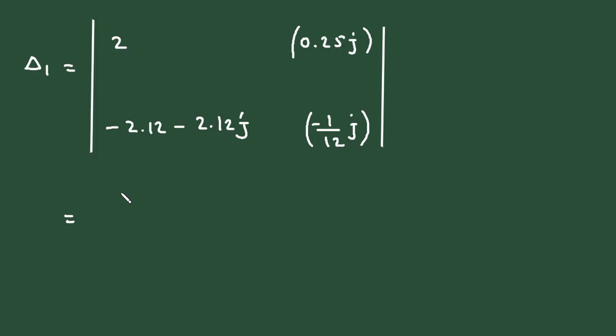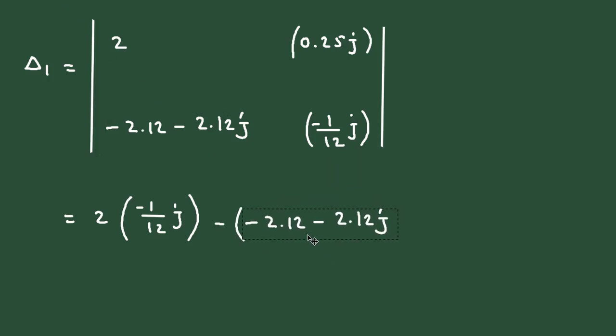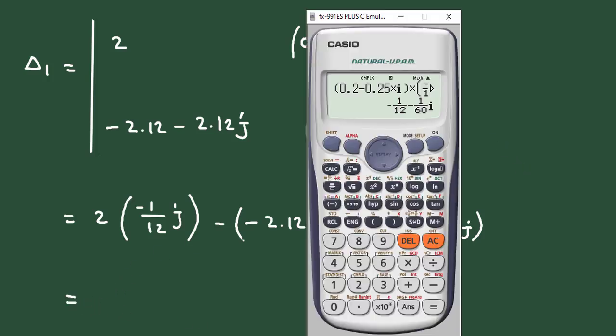So it will be 2 into minus 1 upon 12j, then minus this term into this term. So let's copy it from here. This term into 0.25j. Now let's solve this.